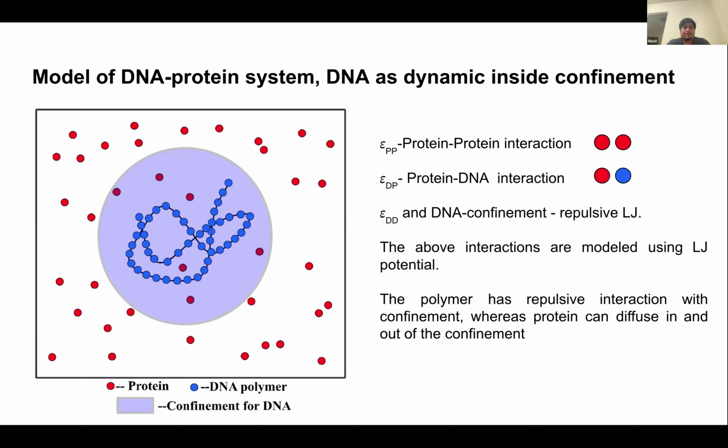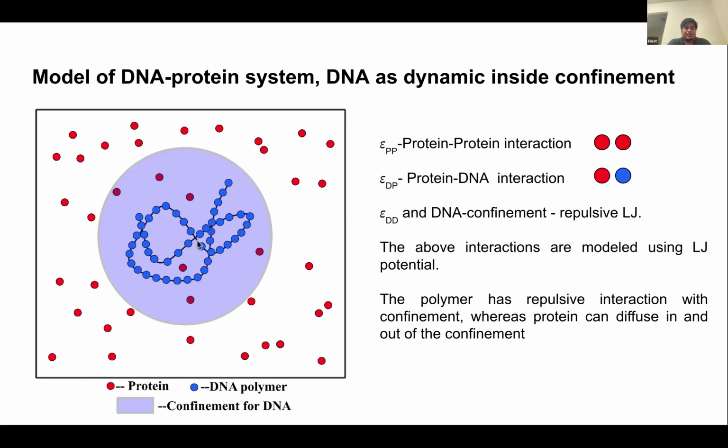So what we did is we simulated the DNA inside a region. In the previous simulation, DNA was a freely diffusing polymer, where DNA can form any structure, but DNA was given an interaction of 1.0 kt. So it was a semi-flexible polymer, like a globule, not an open chain.